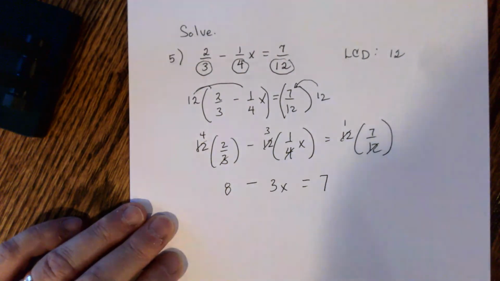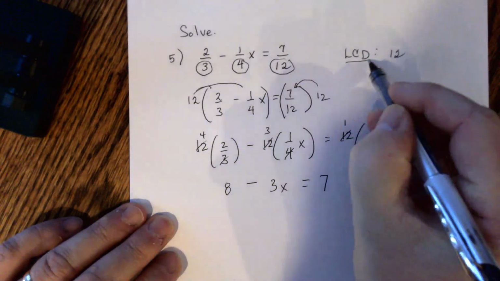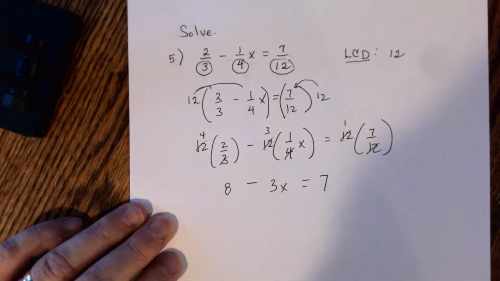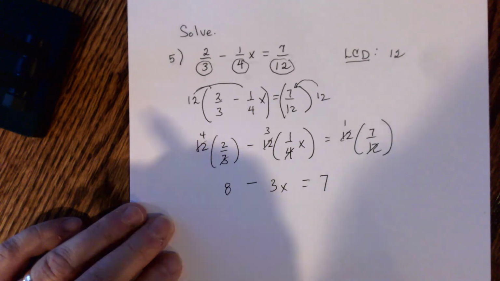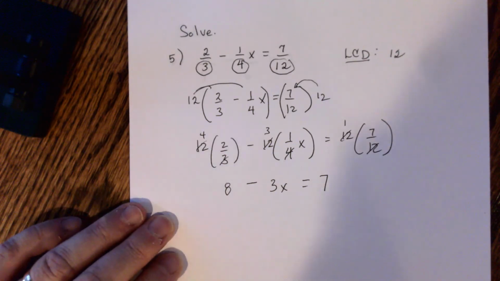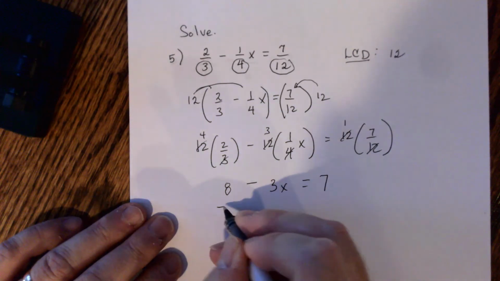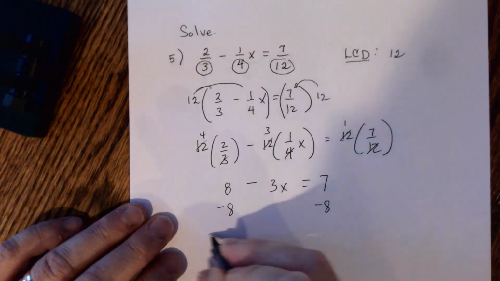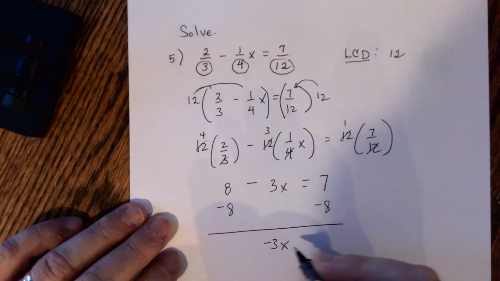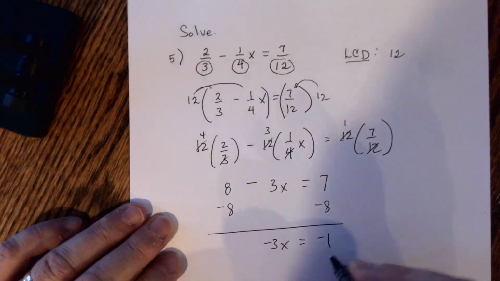So as you can see, after you multiply by the least common denominator, your fractions' denominators should disappear, meaning that you've accounted for them. Now I just simply solve this equation by subtracting 8 from both sides. I end up with negative 3x is equal to negative 1. Divide by negative 3.